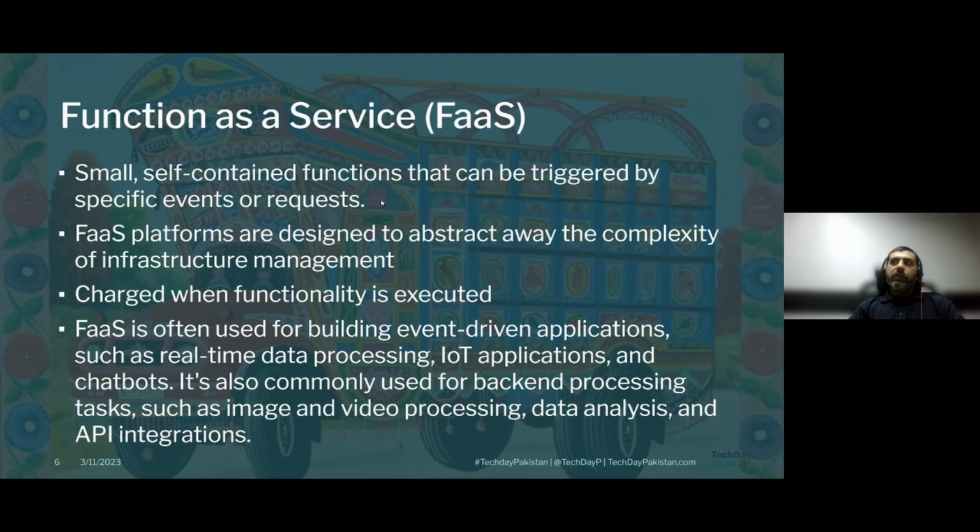Now that function will be deployed to the cloud, and then anyone can access that function by making some HTTP request or by triggering some event. You don't know where your function is deployed, which server it's being deployed on. You don't need to worry about that. You just focus on your function logic and then you deploy that function in cloud. So this is what we call function as a service.